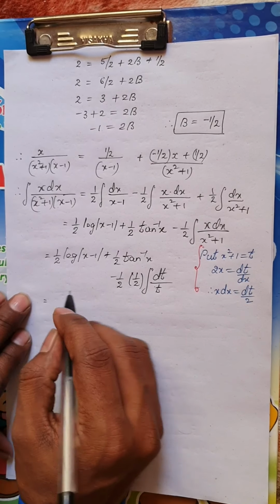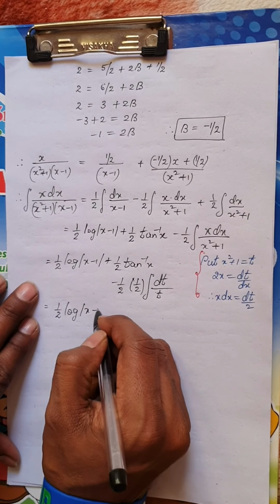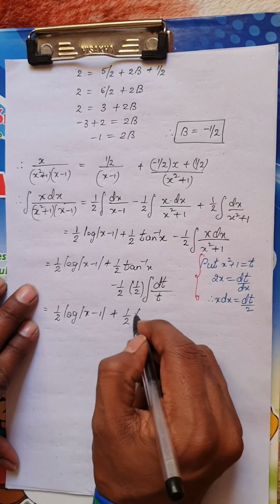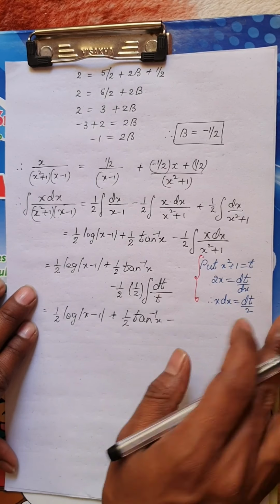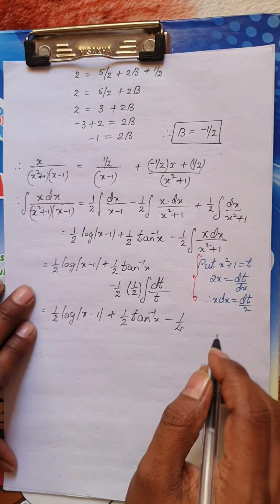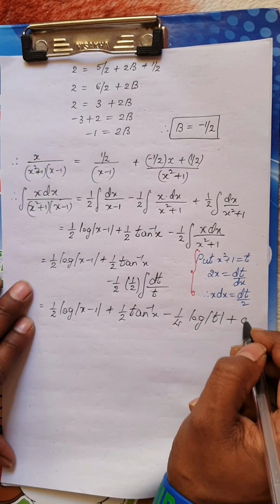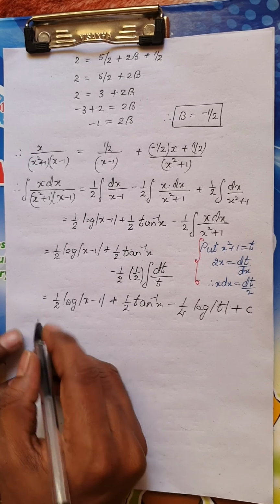Okay. So I have 1 by 2 into log of mod x minus 1 as it is, plus 1 by 2 into tan inverse of x, minus, half into half would be 1 by 4, integral of dt by t would be log of mod t plus c, which is the constant of integration. So I am going to get the final answer now.